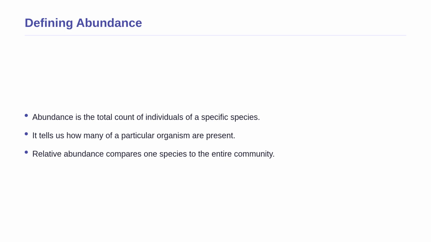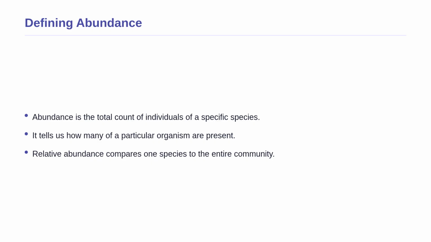Now that we have seen the difference between the two forests, let us formally define our first key term. In ecology, abundance refers simply to the total number of individuals of a specific species found in a given area. It is a raw count. If you count 99 pine trees, the abundance of pine trees is 99.